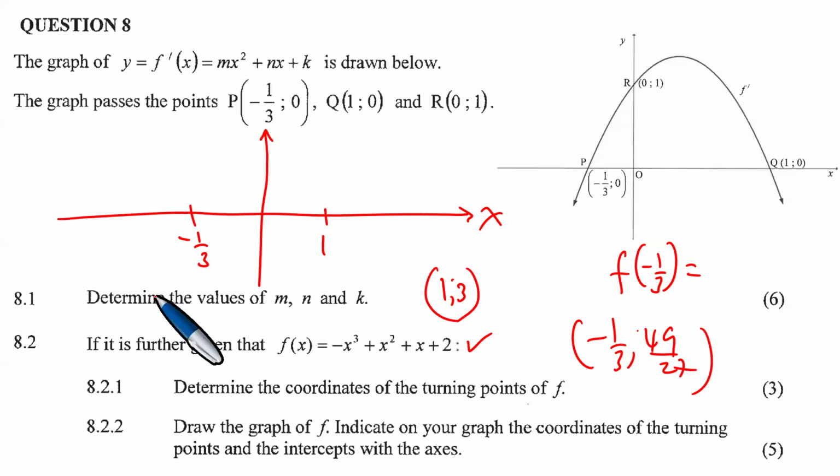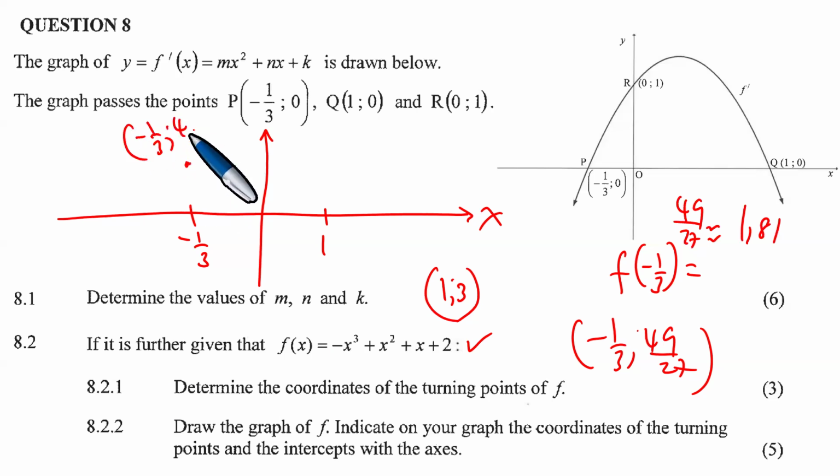So let's go back. We're here, and I want us to draw this rough sketch of the graph, and then see that whenever x is minus 1/3, y is 49 out of 27. This 49 out of 27 is approximately 1,81.